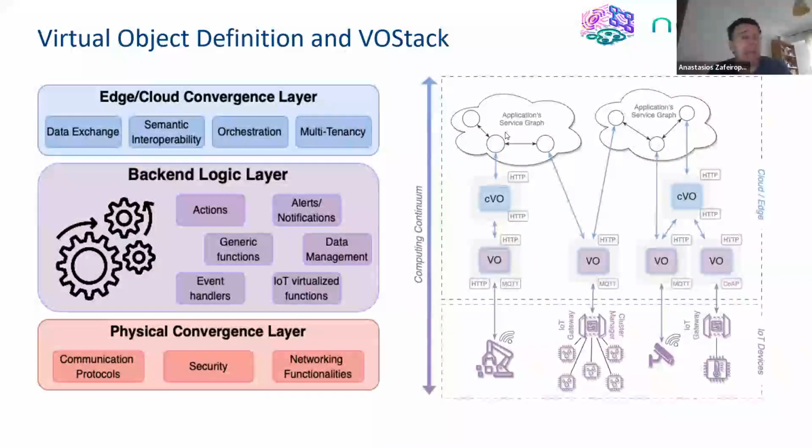So an application developer may adopt a specific semantic model. So the VO and CVO should be able to incorporate it. And we consider here the basic semantic models around. And also aspects related to multi-tenancy and data sharing and exchange among the virtual counterparts.